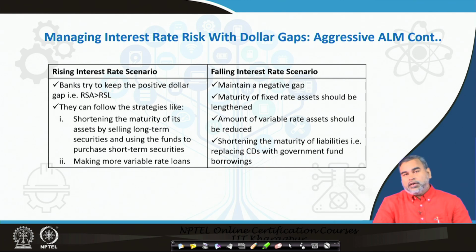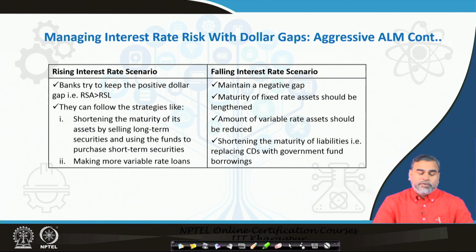They can reduce the maturity of the assets by selling the long term securities and using these funds to purchase short term securities, because the fluctuations we are considering mostly affect the short term valuation of the assets and liabilities.